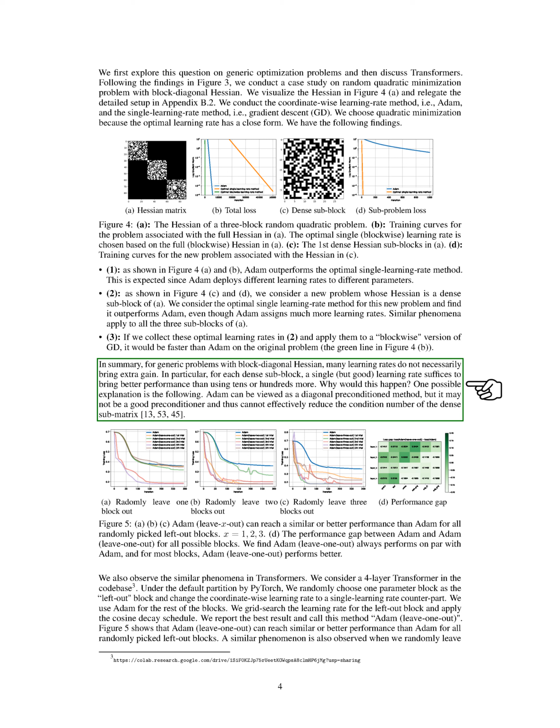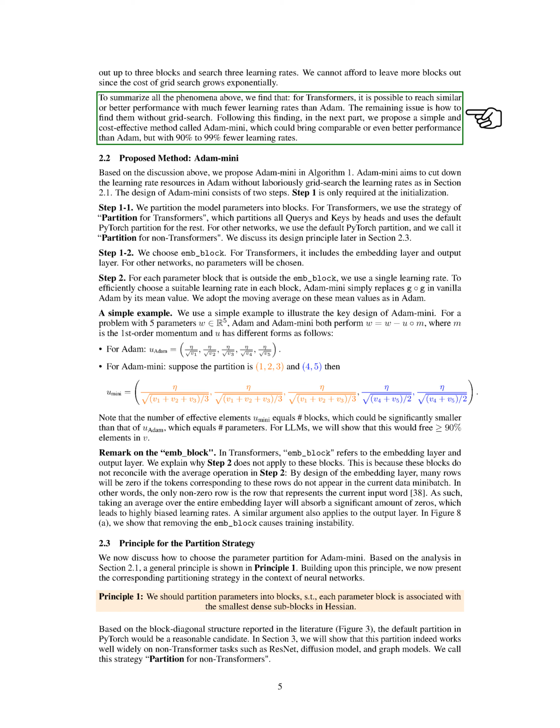Similar trends were observed in transformers, where a simplified learning rate strategy could match or surpass the performance of Adam with significantly fewer rates. To address these findings, we introduce Adam-mini, a streamlined variant of Adam aimed at achieving comparable or enhanced performance with a drastic reduction in the number of learning rates required.